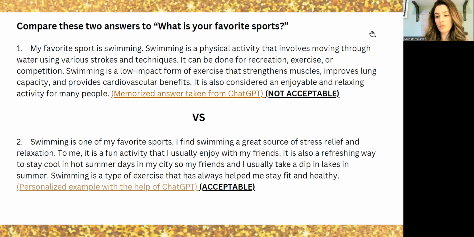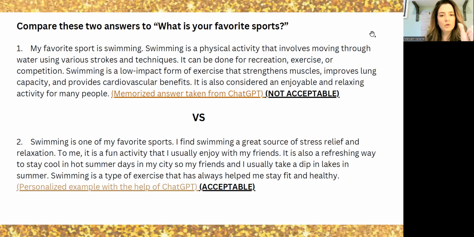It can be done for recreation, but what about you? Swimming is a low-impact form of exercise. Whatever is here, it's very general facts about swimming that you can easily copy-paste from the internet. You can memorize it. However, this is not related to you, and it does not show your personal experience.